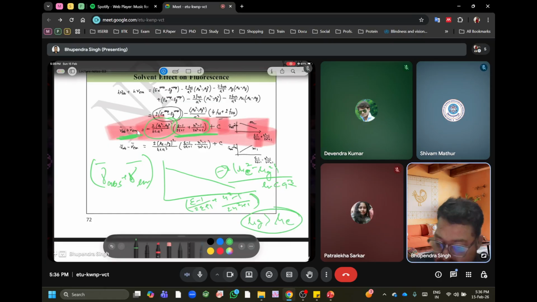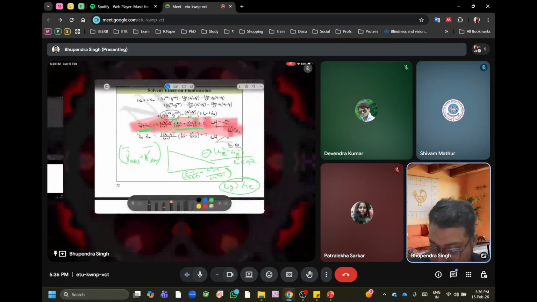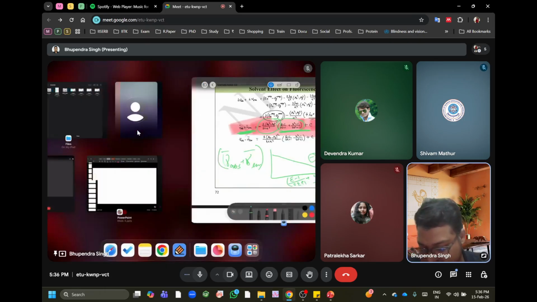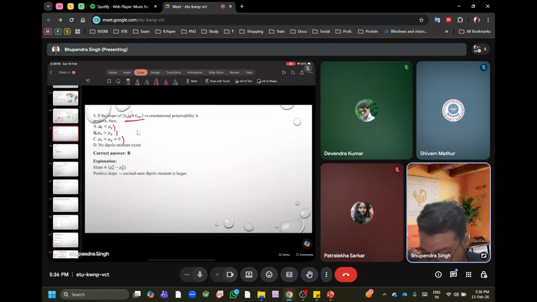Mu z is greater than mu e, but the answer is different. The answer is B, mu e is greater. Slope is directly proportional to this. Positive slope means the excited state dipole moment is larger.